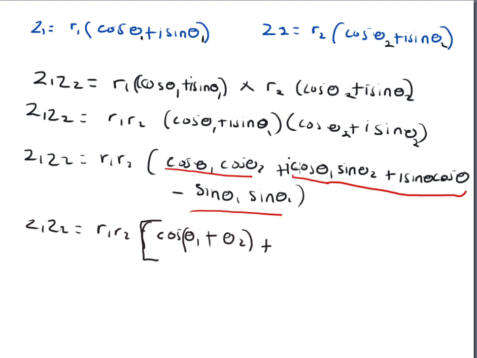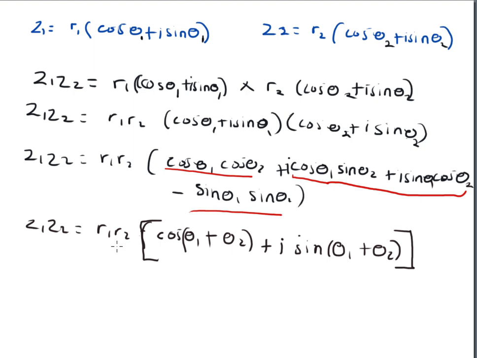Plus now we factorize out our i, and we get i times, and this is actually the same as sine of theta 1 plus theta 2. Close bracket. And this gives us the relation for Z1 Z2.